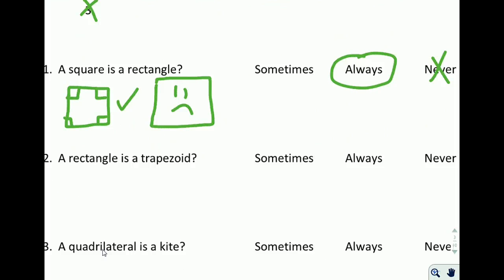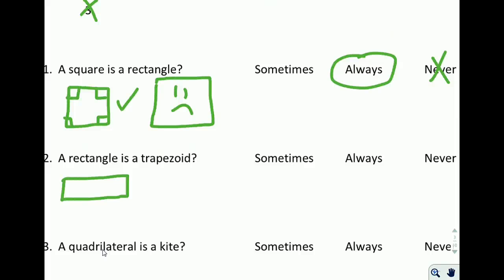Second one, a rectangle is a trapezoid. Now, honestly, this question depends on what country you're in, which sounds a little mind-blowing that anyone would change the definition based on what country they're in. But in the United States, a trapezoid is most commonly defined in most math textbooks as a shape with exactly one pair of parallel sides.